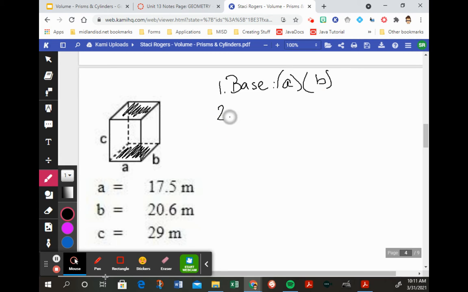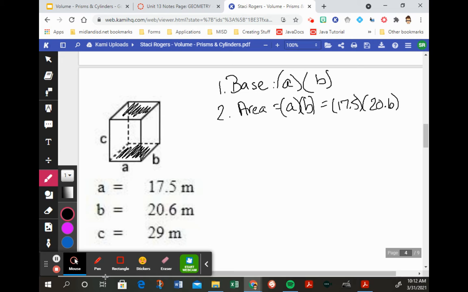Number two, calculate the area. Equals A times B, which equals 17.5 times 20.6.